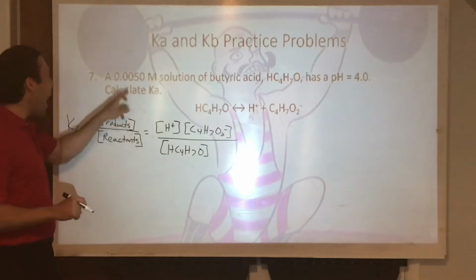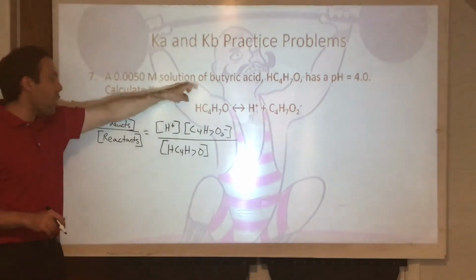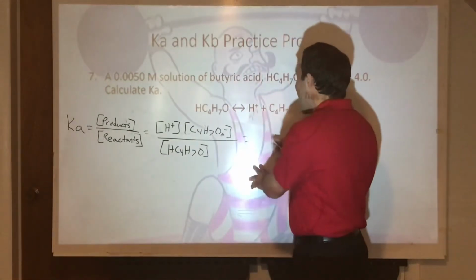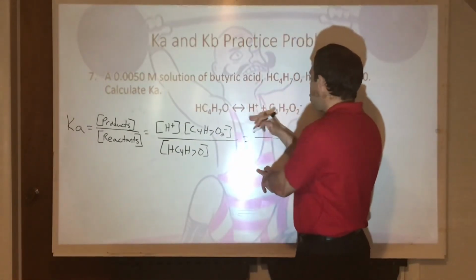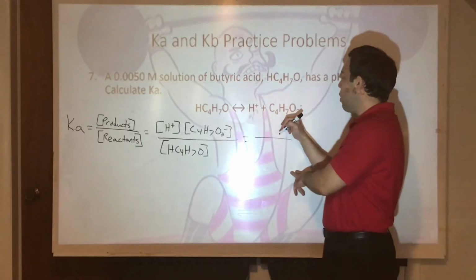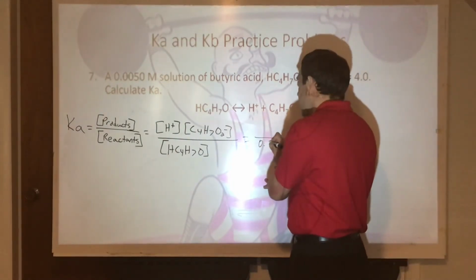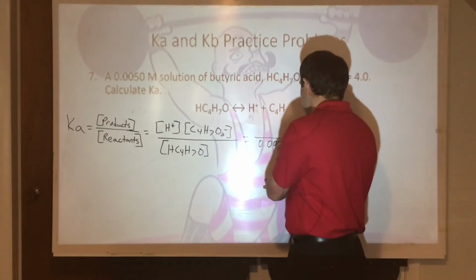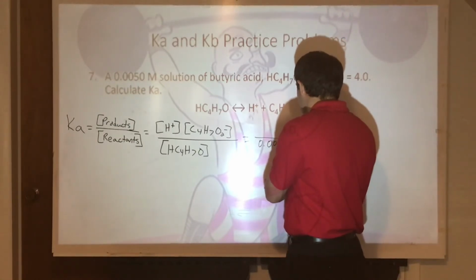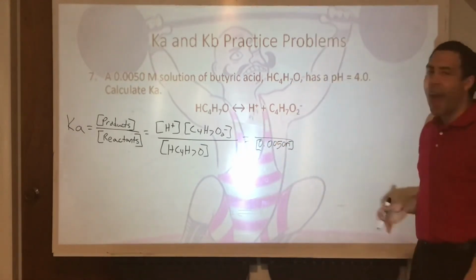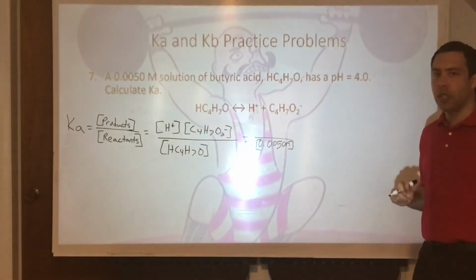Now, while we have the concentration of the butyric acid, we do not have the concentration of the H plus or the C4H7O2 minus. So let's plug in what we do have, 0.0050 molar in brackets.